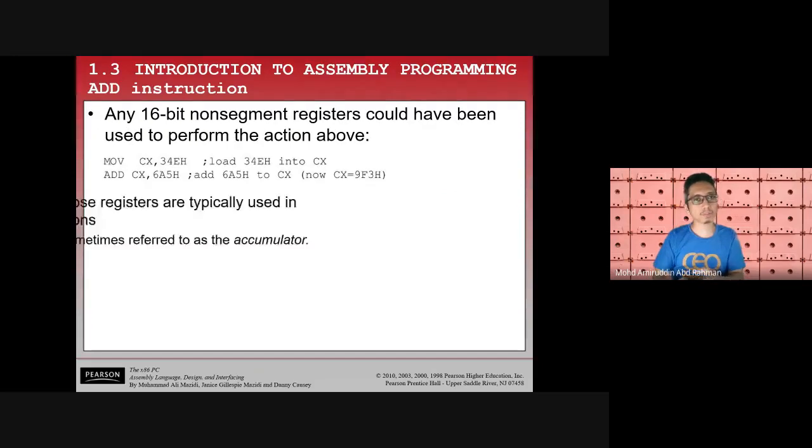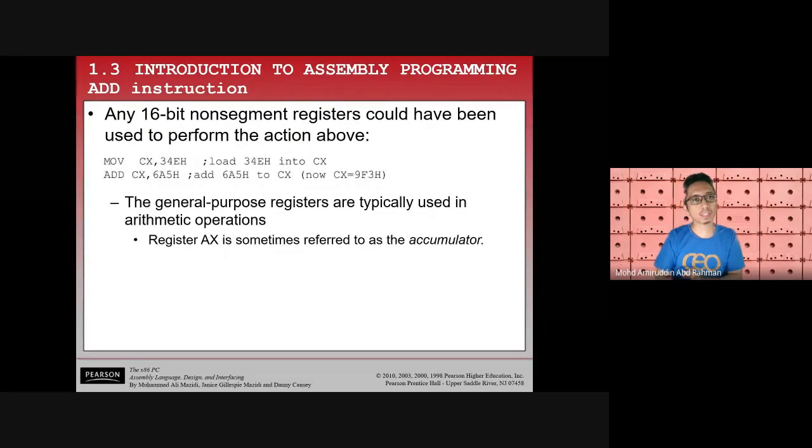So for any 16-bit non-segment register to have been used to perform the action here, let's say 34E, we move that to CX, and then we add those values 6A5 to CX. So we add 34E with 6A5.